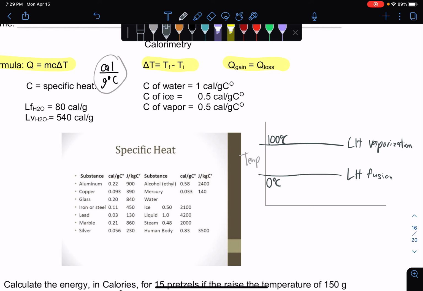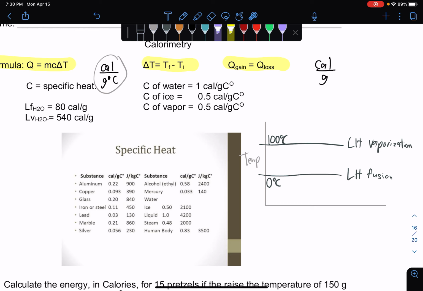In these particular scenarios, if you are in either of those two latent heat situations, I believe the formula for specific heat is calories over grams. That's why here it's stated as a fixed value that the latent heat of fusion of water is 80 calories per gram. There's no degree Celsius.